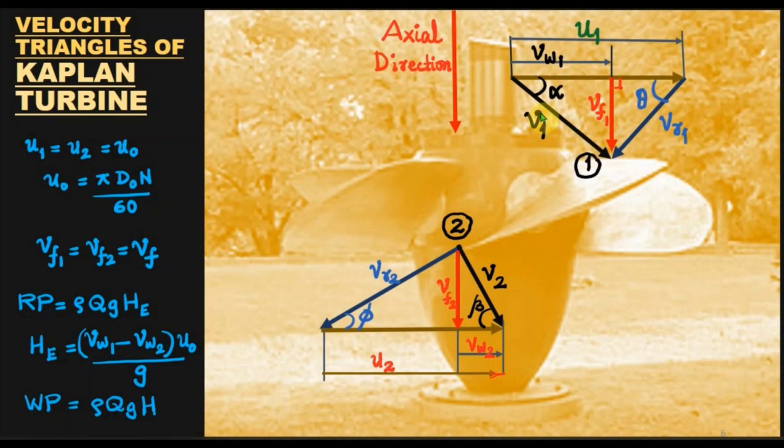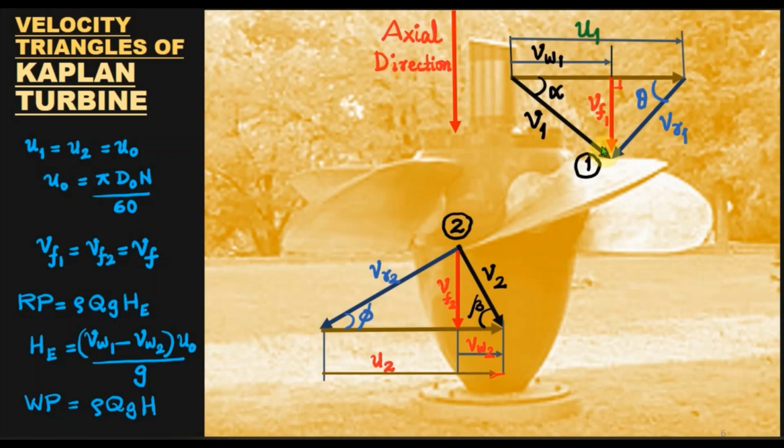Now consider two rectangular components of V1, one in the direction of U1 and one perpendicular to U1. The component of V1 in the direction of U1 is VW1, the whirl component of velocity. The component of V1 perpendicular to U1, which in this case is vertical, is VF1.